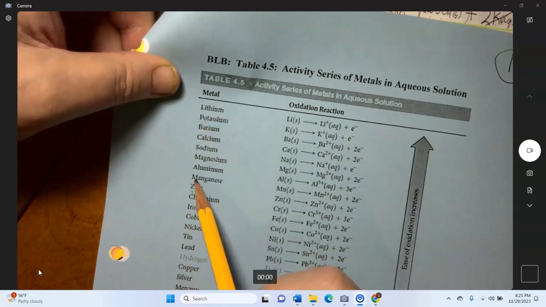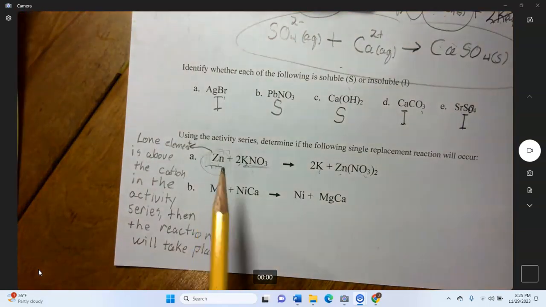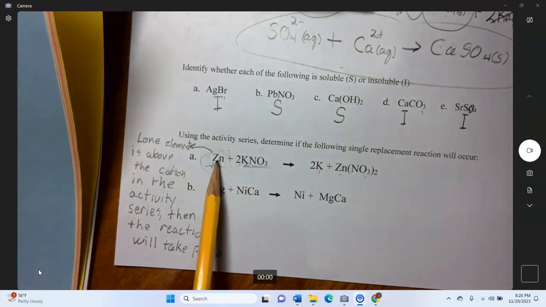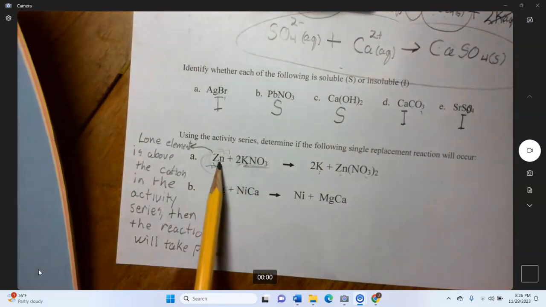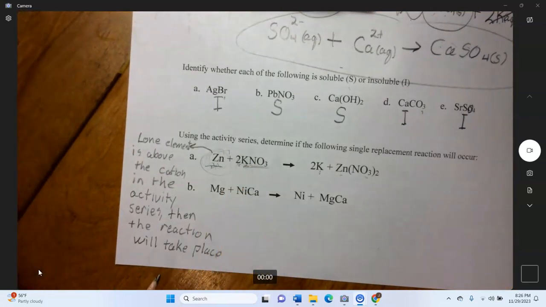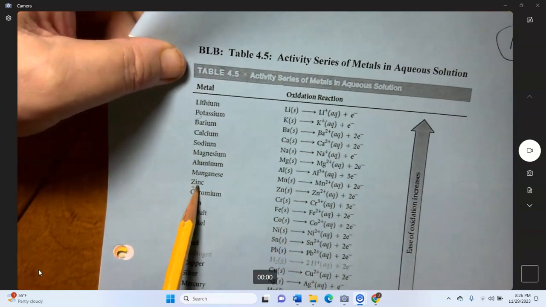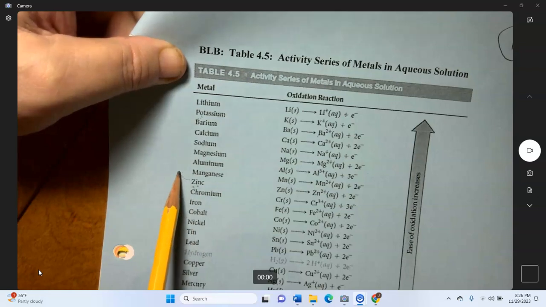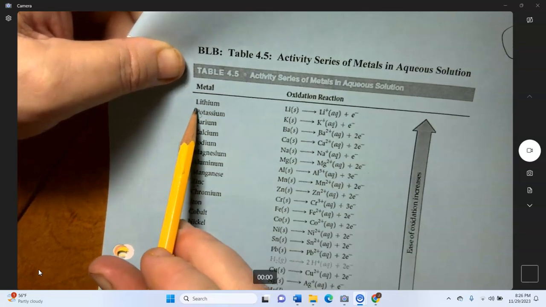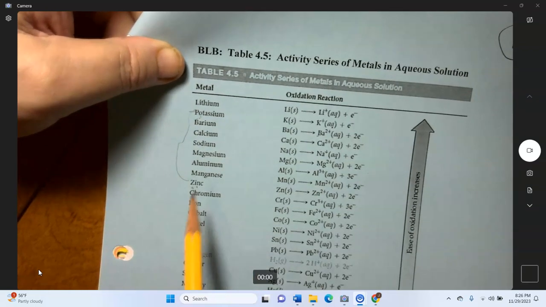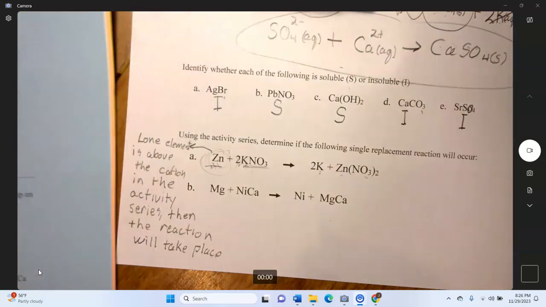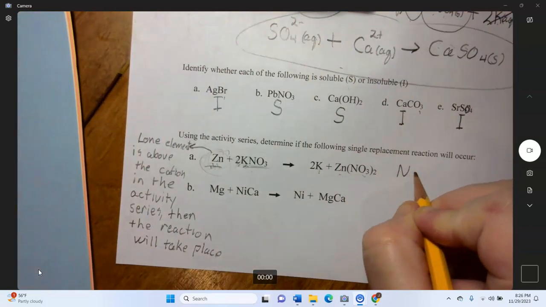So that means that if zinc is here, it's not going to pass electrons to K. K is a really weak guy. It's not going to take electrons away from zinc. That's the way to think of it. That would mean the electrons would flow up the activity series, and they don't do that. Only flow down. So the answer is no reaction.